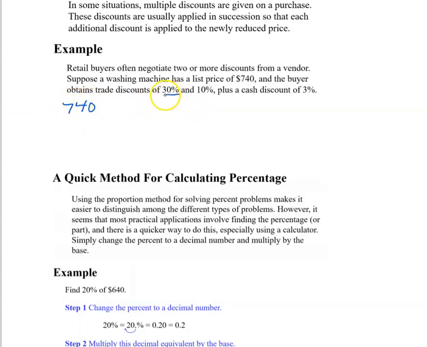If we're losing 30% of the price, that means that we're keeping 70% of the price, which is 0.70. Now we're at 740 times 0.70, which is $518. Of that, now you're only going to pay 90%, so we're keeping 90% of the cost.